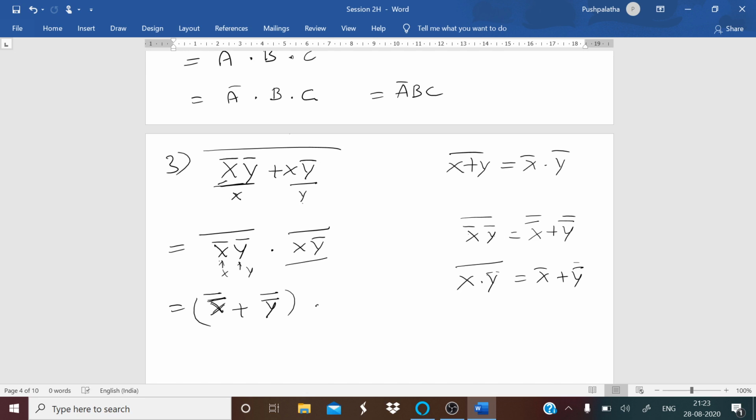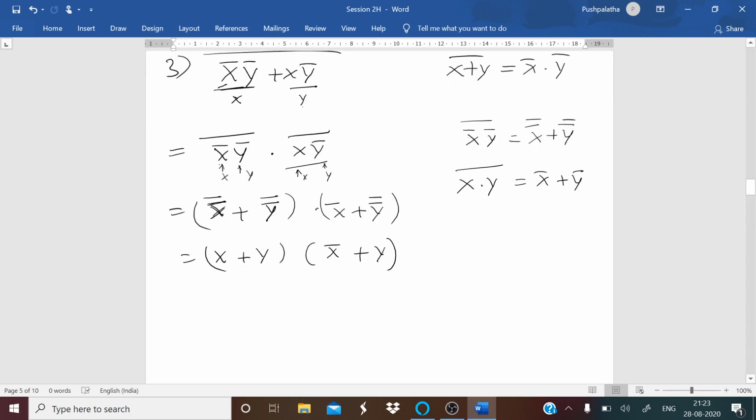Okay, so we are going to take now, this is your x and y bar is your y. So this becomes x bar plus y double bar. So what is x double bar? Is just x. Y double bar is just y into x bar plus y double bar is again y.